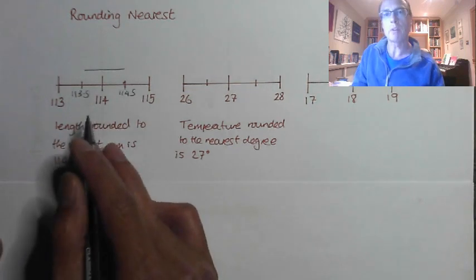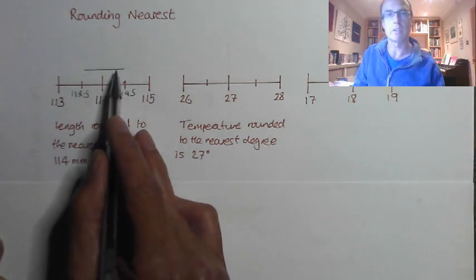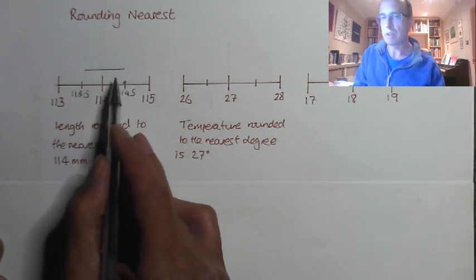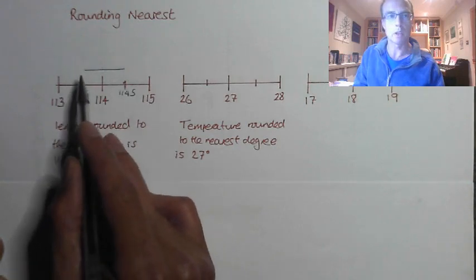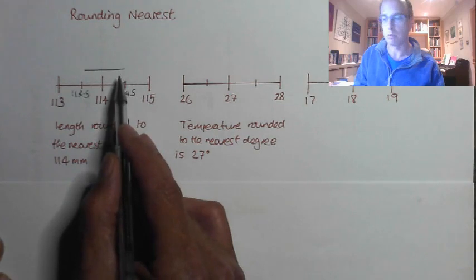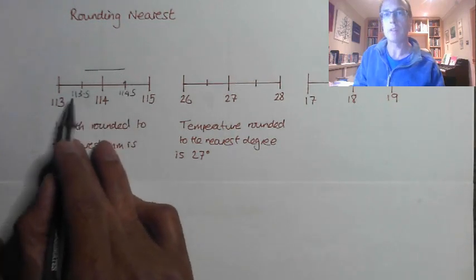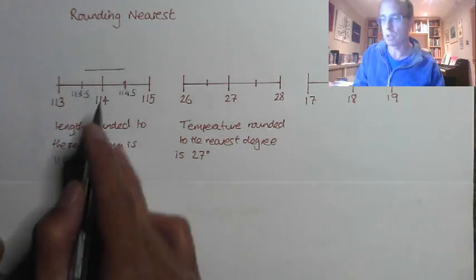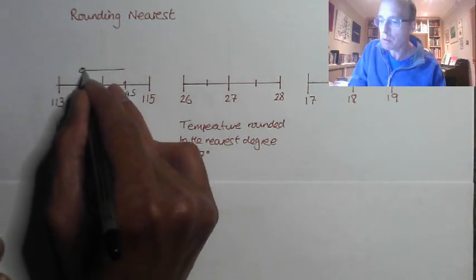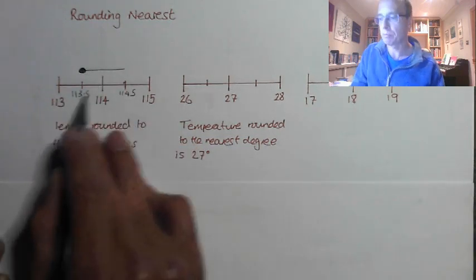Just like when we were having a look at our inequalities, I want to put some circles on the end of this range that I'm indicating. So if I want to include the value, I'm going to put a solid circle. If I don't want to include the value, I'm going to put a hollow circle. So looking at my number, 113.5 would get rounded up to 114, so I want to put a solid circle above my 113.5.